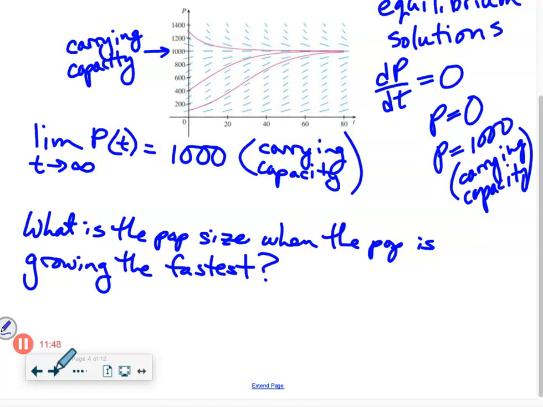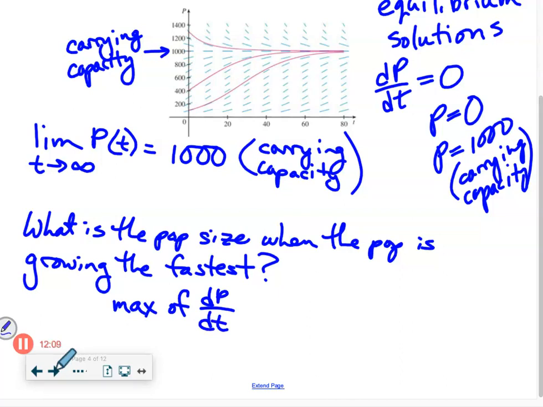When the population is growing the fastest, that means dP/dt is a max. So we're really looking for a max of dP/dt.